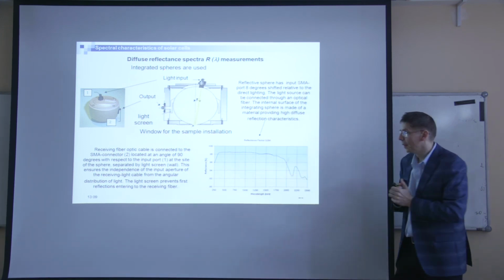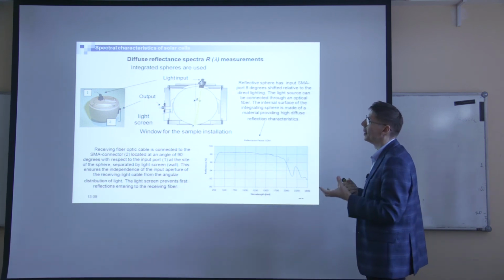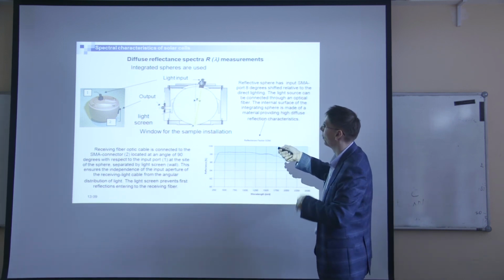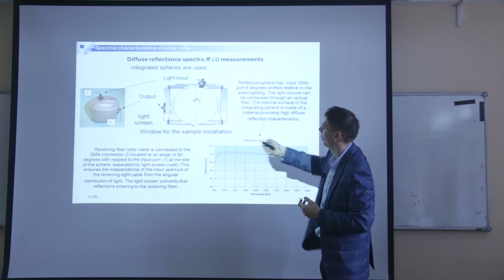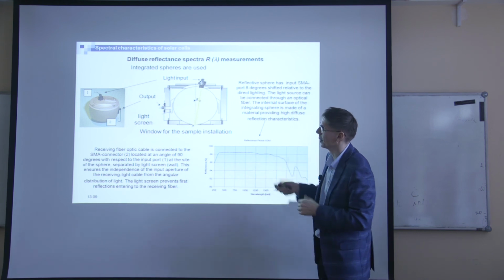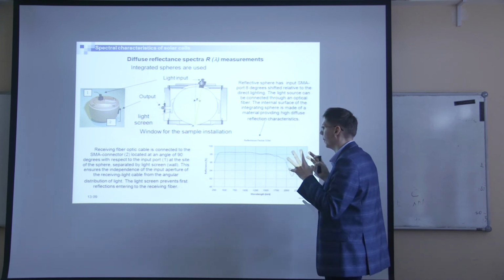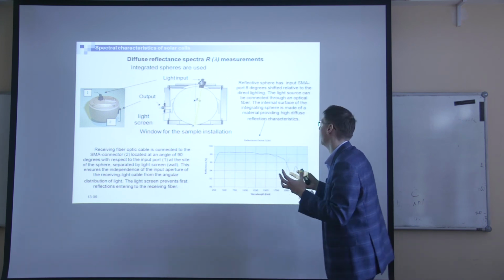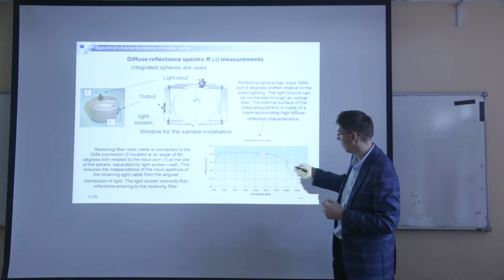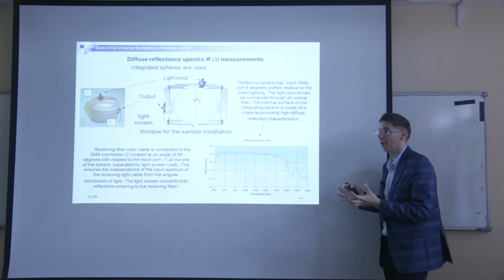So to perform it, you have to use integrating spheres. The main idea is that the light which is reflected, so here I have a design of this. It's a cross section of this kind of sphere. Inside, it's covered by some material which has a high reflectance, but it's diffuse reflection.